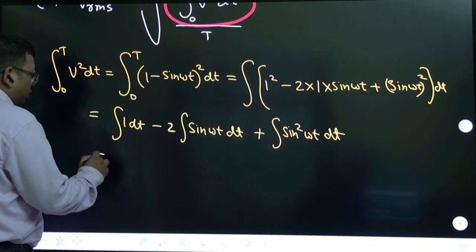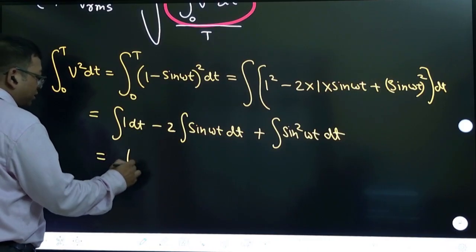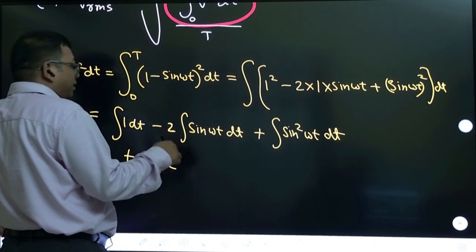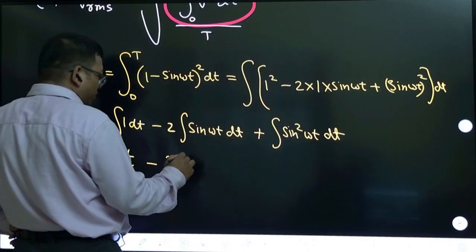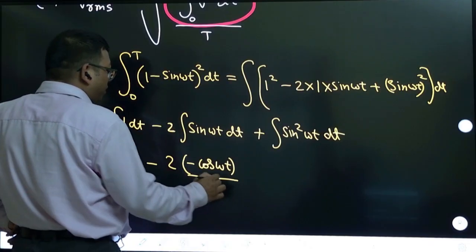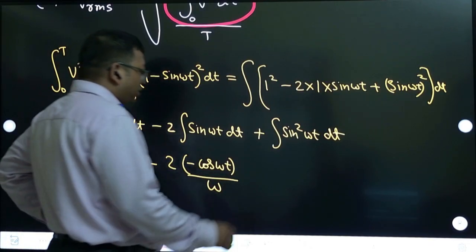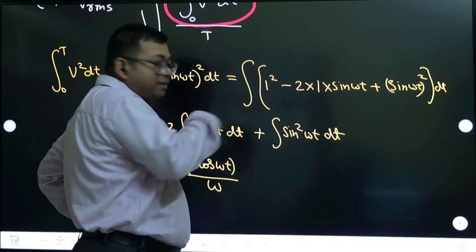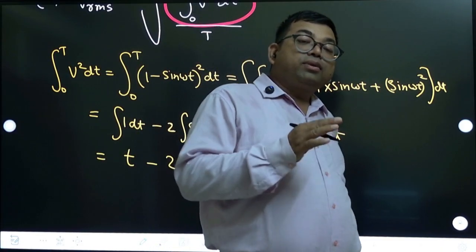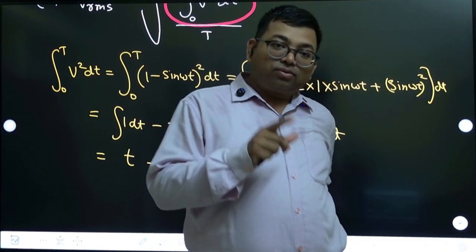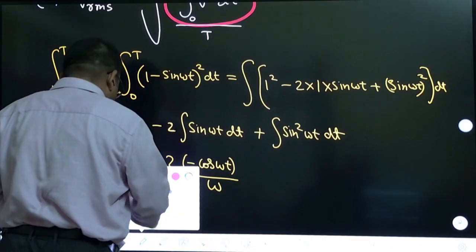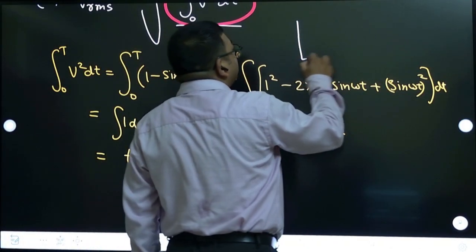Integration of dt means t only will come, minus 2 times the integration of sine, which is minus cos by omega, correct. Now sine square we have to break into one power. So I will tell you the formula first. We have to do a trigonometric transformation.